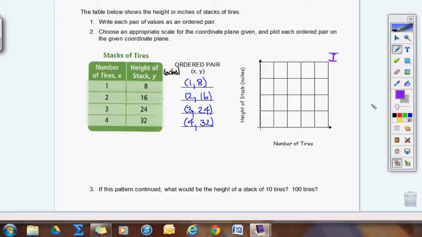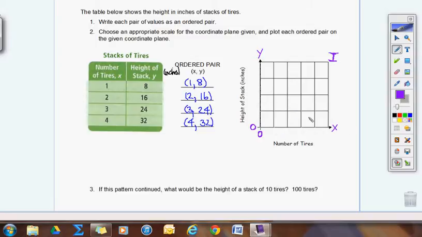So we only see the first quadrant, and essentially this is the y-axis, this is the x-axis, this is the origin right there. This is the value when x is equal to 0, and then this is when y is equal to 0. They've already labeled these for me as the number of tires and the height of the stack.